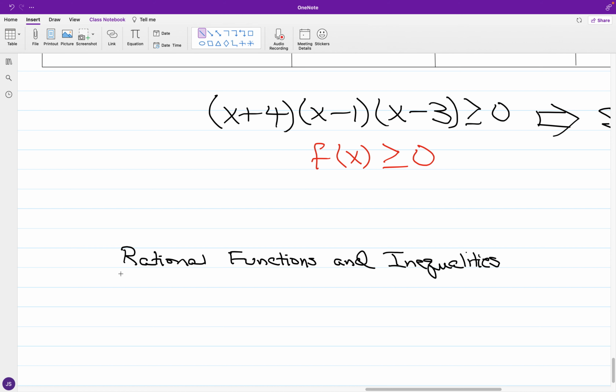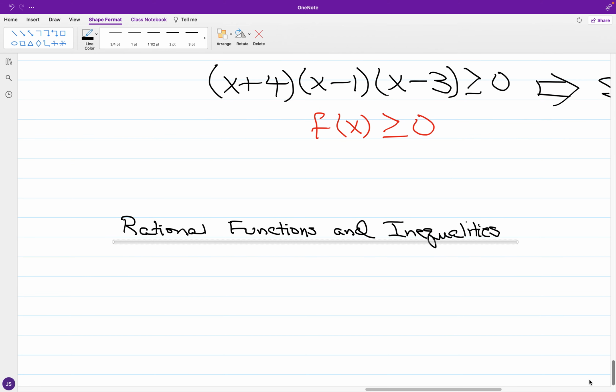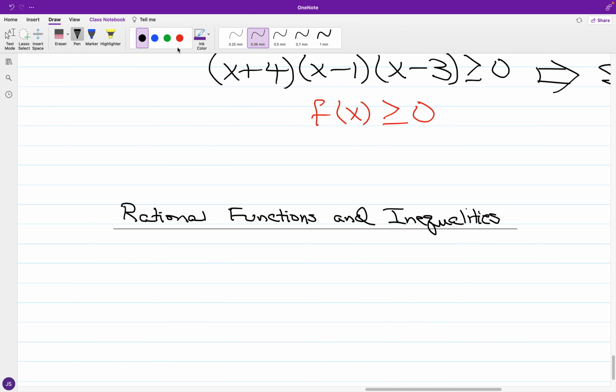Now for rational functions and inequalities, in terms of how these are going to work out, unlike polynomial inequalities, there's going to be a fixation on zeros, like what will be in the domain as well as what will be excluded from the domain. Now, let's say I have r of x is equal to x plus 4 all over x minus 3.